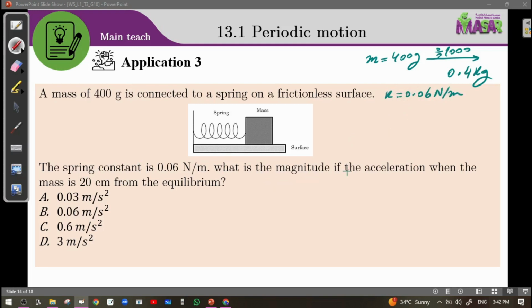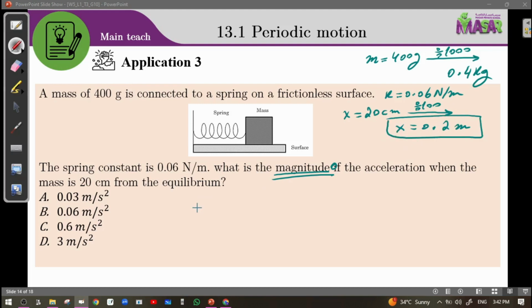What is the magnitude of the acceleration when the mass is 20 centimeter from the equilibrium? So when the displacement is 20 centimeter. Also, this one is not the SI unit. Let me express it in SI unit by dividing the value by 100, and x is equal to 0.2 meter.